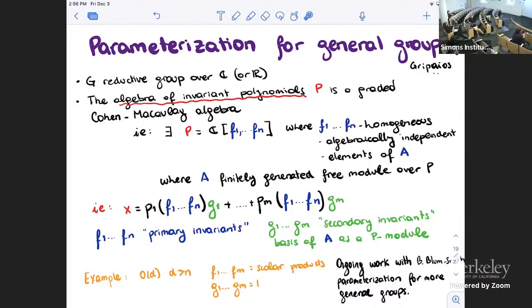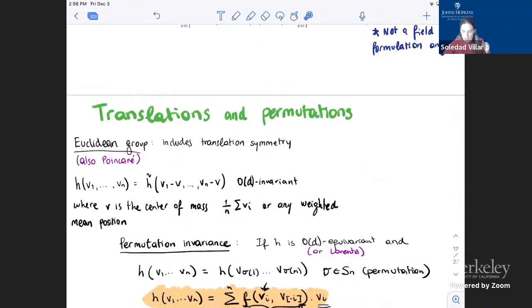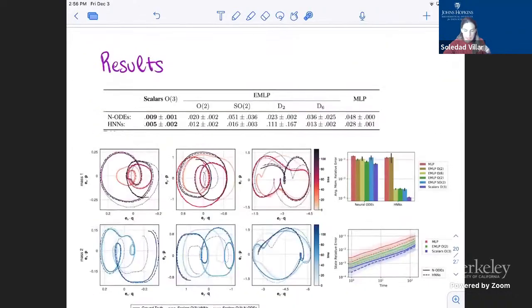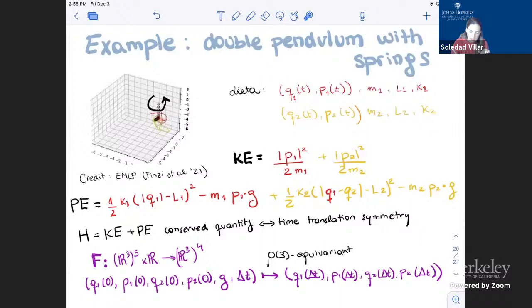And the other question was on the example that you gave of the double pendulum. So the data that you have is just the final time, or you have the trajectory? In the double pendulum, my training set is of this form, but not just at time 0; I have times 0, 1, 2, 3, and 4. So I have four times of my trajectory for a small delta t.